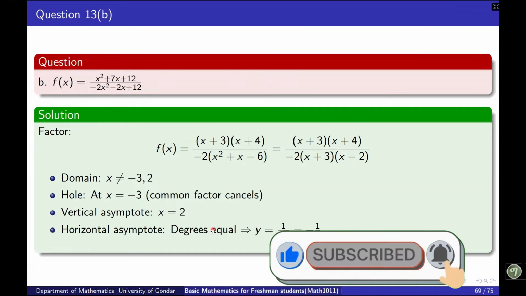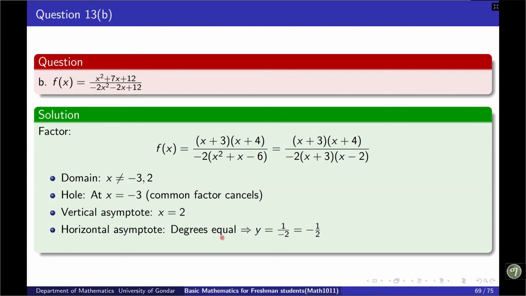And for the horizontal asymptote, since the degrees of the numerator and the denominator are equal, the horizontal asymptote is the line y equal to the quotient of the leading coefficients of these two, that is 1 over negative 2, which is negative 1 over 2.